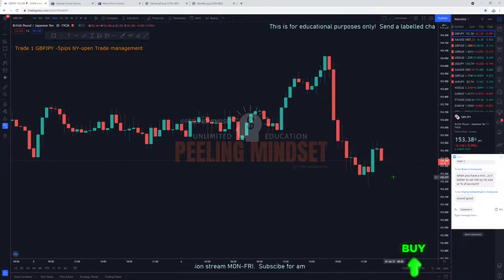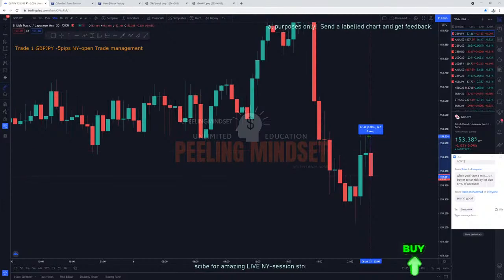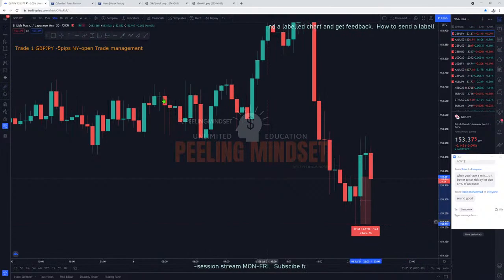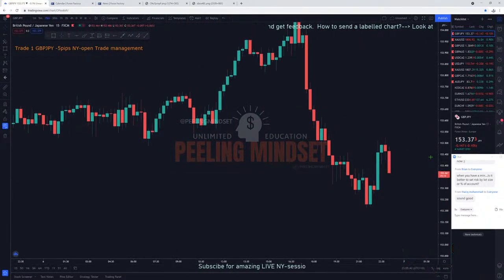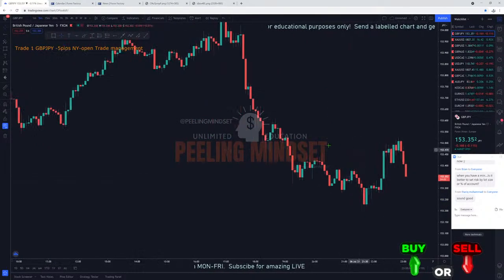NYSE is opening in the next 25 minutes. And it looks like pound yen is pushing down here. Pound yen is pushing down. Wow.